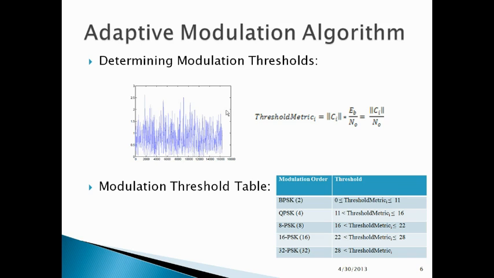And then down here, this is the table I used for the simulation. Once you get your threshold metric for the channel, you can simply index into this table and see where you fall, and then you're able to come up with your modulation order for the system.